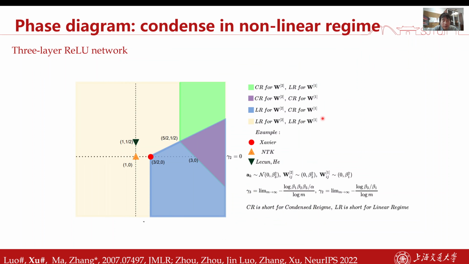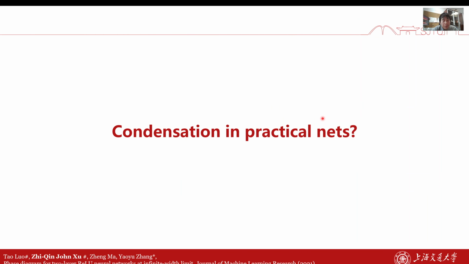And for three-layer ReLU neural networks, we have a similar phenomenon: for the nonlinear regime, although more complicated, there is always condensation.